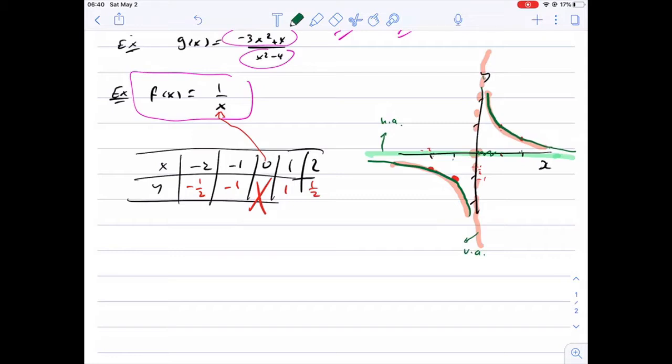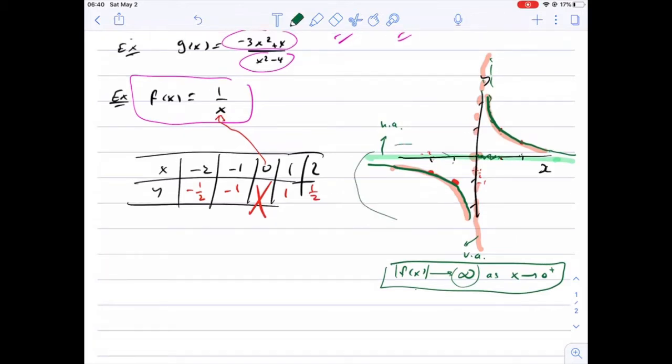You can say that the curve of the function goes to plus infinity as x approaches 0 from the right, and let's take the absolute value of f of x, which goes to infinity. If we take the absolute value of f of x here, we don't need to consider the negative part.